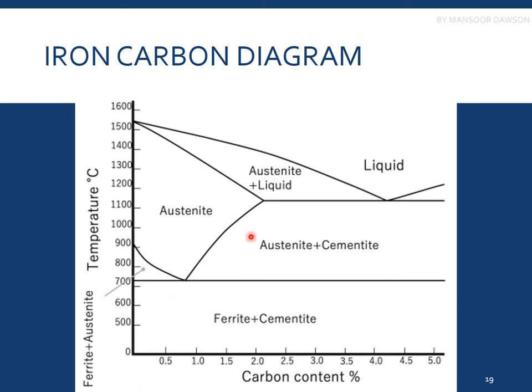So we'll be just focusing on this region below 2% of carbon, if we are talking about the heat treatment of steels, and the phases of concern in steels would be austenite, ferrite, and cementite, from which we'll be doing annealing, normalizing, and quenching. All right.